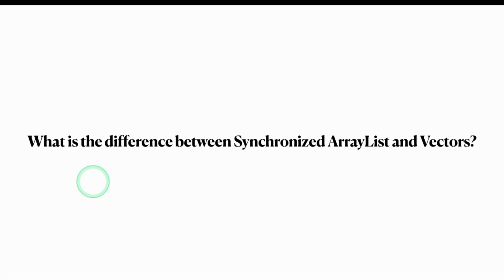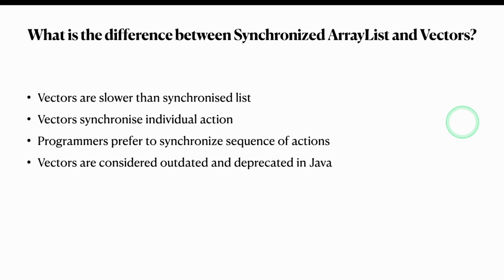The interviewer might ask you what is the difference between synchronized array list and vectors, since vectors are also synchronized in Java, right? So there you can answer that vectors are slower than synchronized list because vectors synchronize individual actions. A programmer wouldn't want to take a lock again and again repeatedly for every action on a particular collection, right?